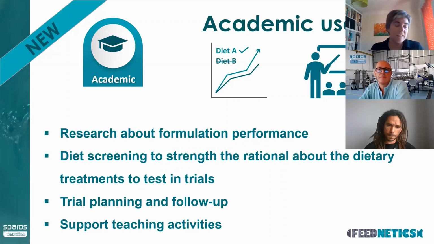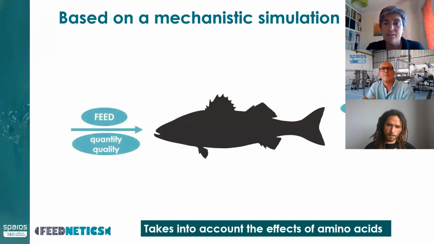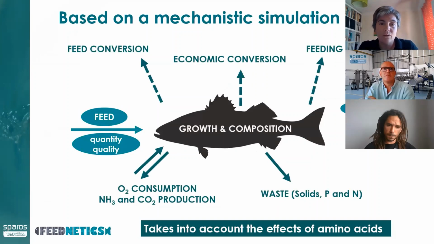And these cases are for researchers working on nutrition, but FEEDNETICS can also be used in other contexts, because FEEDNETICS is a fish growth model that is based on a mechanistic simulation model that considers as inputs the feed quantity and quality and temperature, to simulate not only the growth, but also the fish composition, the oxygen consumption, ammonia and CO2 production, the wastes, and of course, feed conversion, economic conversion, and the feeding costs.